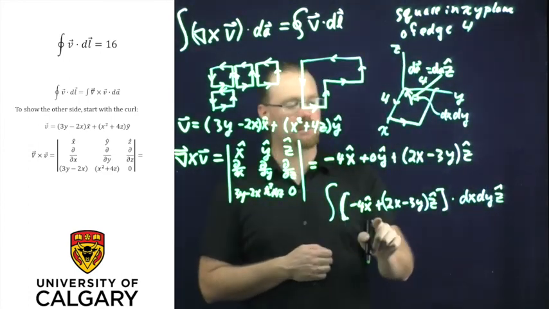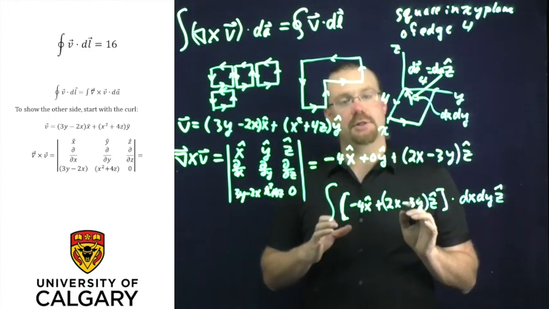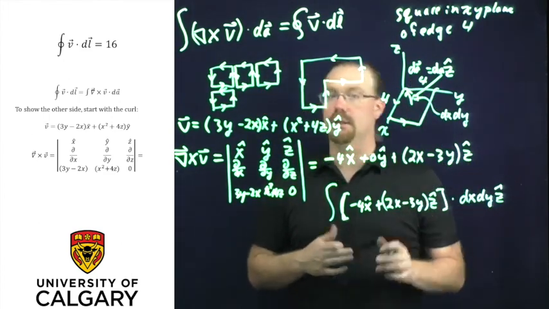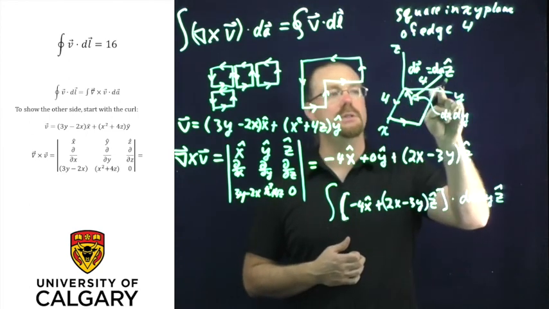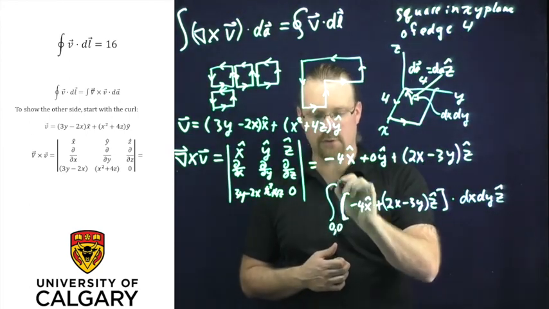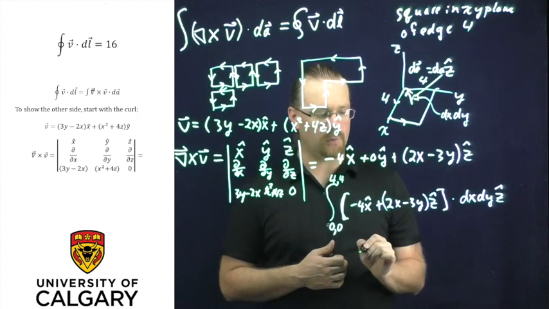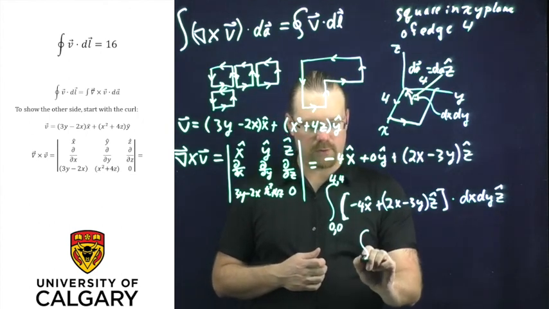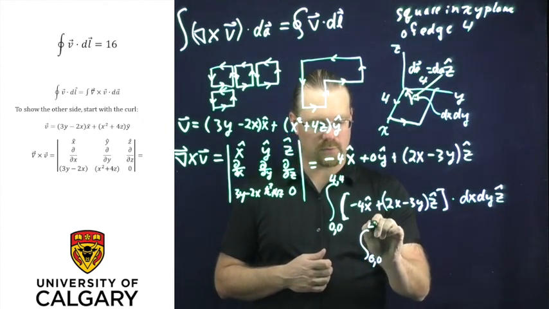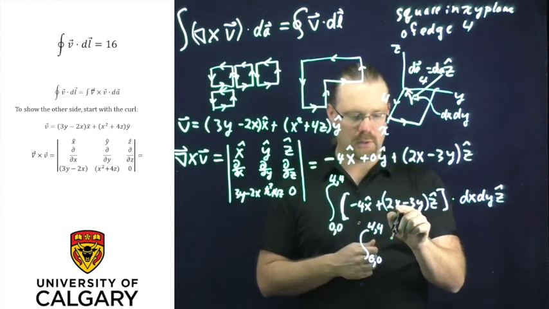So that means this term winds up going away. Our limits of integration for x are 0 to 4. Our limits of integration for y are also 0 to 4. So we have 0, 0, up to 4, 4.